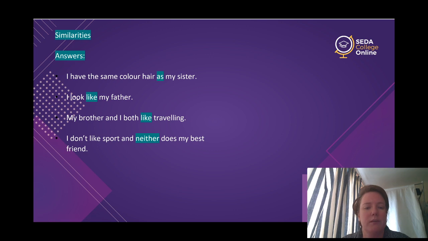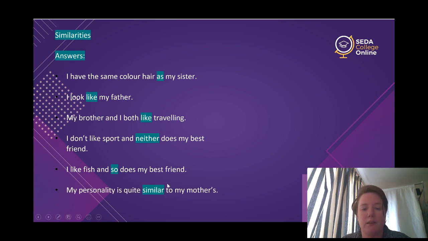I don't like sport, and neither does my best friend. I like fish, and so does my best friend. So when this is positive, we use so, and when it's negative, we use neither. Okay, just like the exercises we did before. My personality is quite similar to my mother's. Okay, so I've changed the sentences around a little bit.